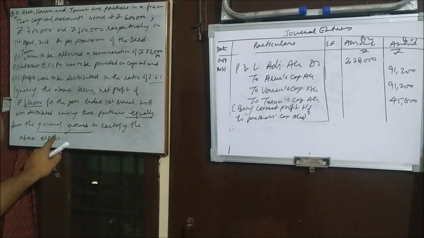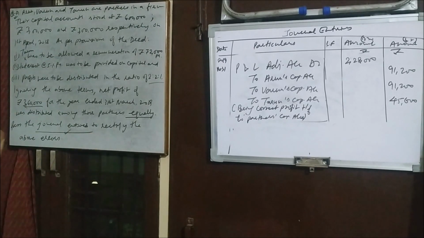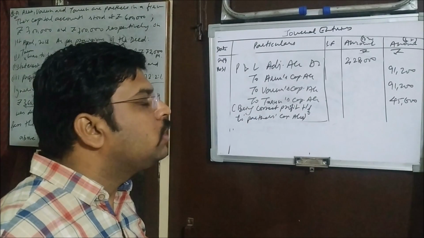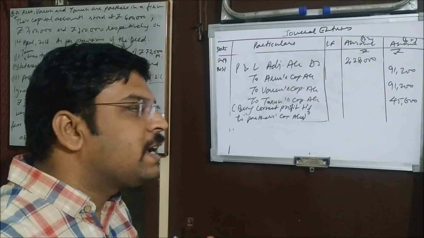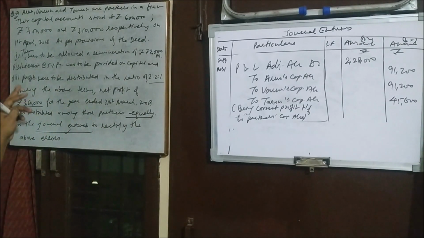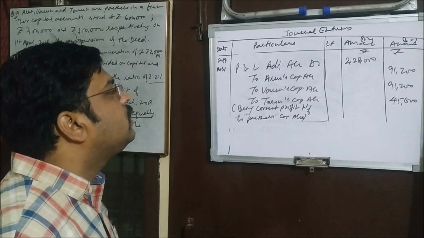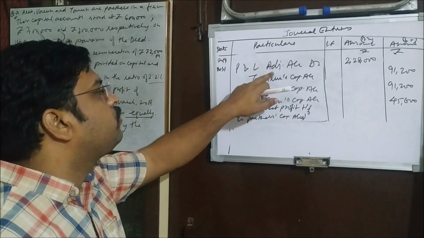When the question says pass journal entries, it means various entries related to the past adjustment. So very first we pass the entry related to taking the profit back, and then we pass the correct entries related to salaries, interest on capital, and then dividing the profit. For everything we have maintained a temporary account, that is profit and loss adjustment account.